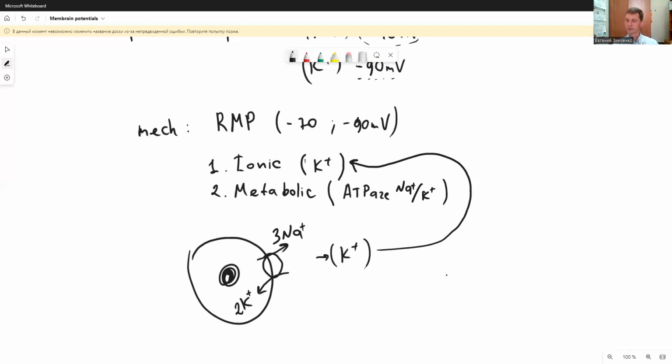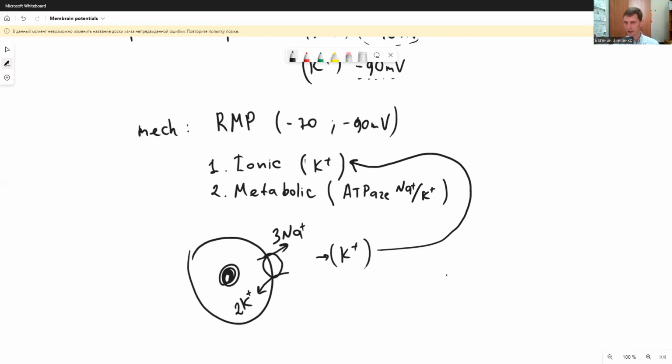So the metabolic mechanism makes two effects. First effect is direct action on the membrane potential by the asymmetric working of the pumping of sodium and potassium. And the second one, which is most important for maintaining RMP, is making the concentration gradient for K plus. That will make the condition for the ionic mechanism.